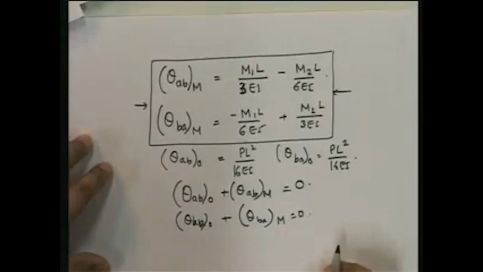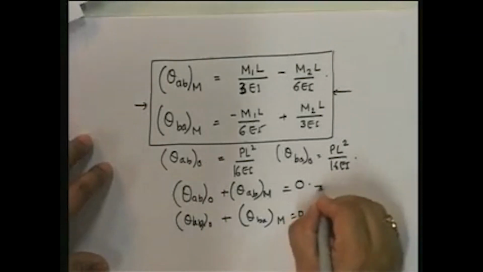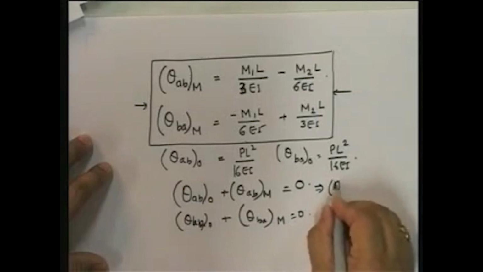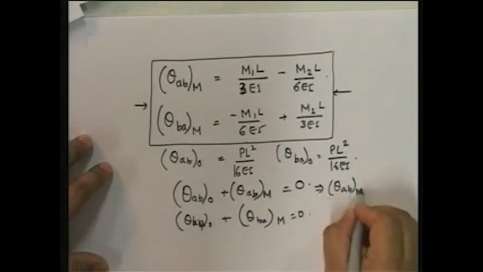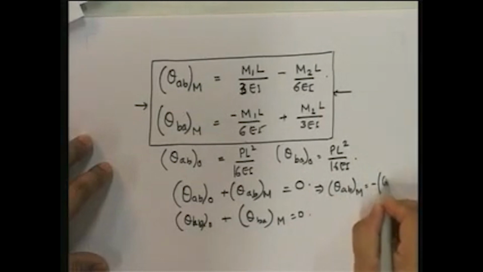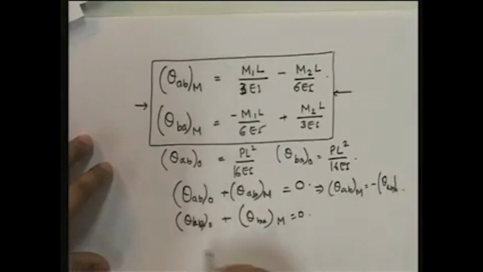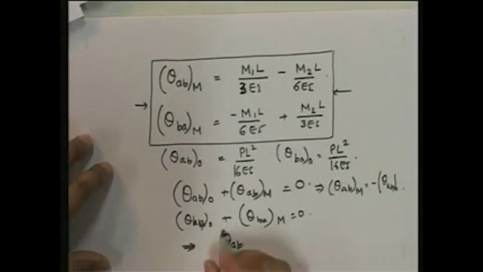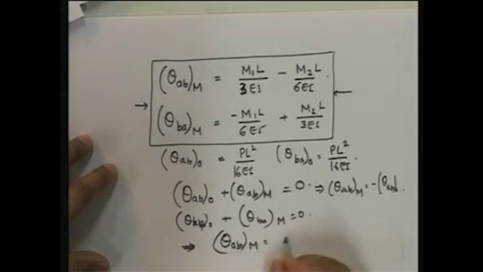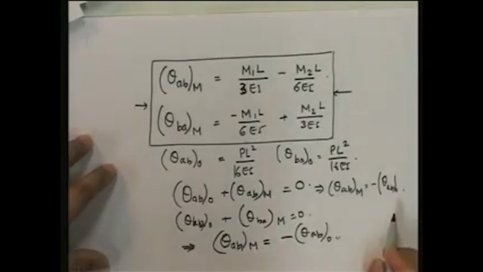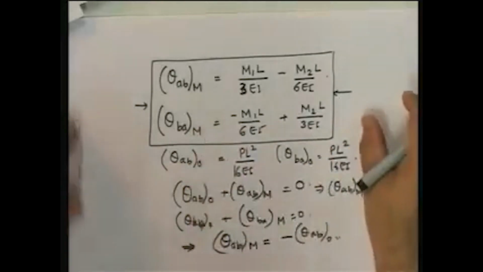Due to the fixed end moments, theta AB or BA is equal to minus of theta AB due to loading. Once I say that and substitute that in, what do I get?